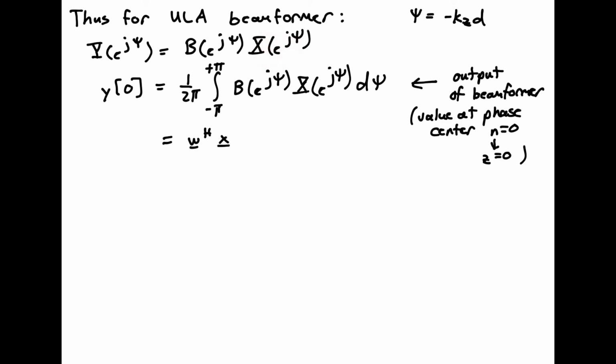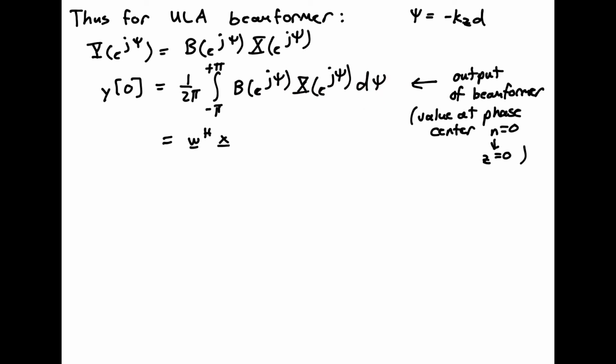Similarly, I can now just apply the formulas I did before to calculate y of 0, the output at n equals 0, which is 1 over 2 pi, the integral from minus pi to plus pi, of the beam pattern b of e to the j psi times x of e to the j psi, integrating with respect to psi.